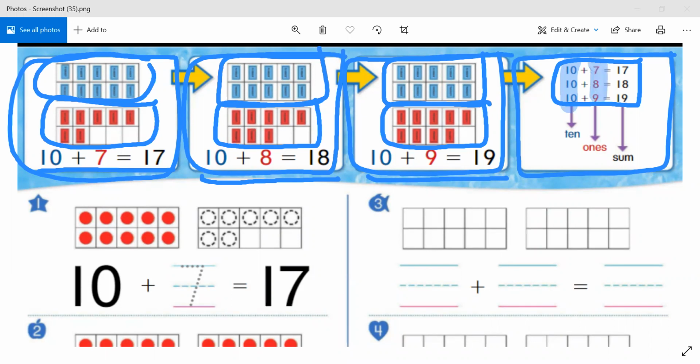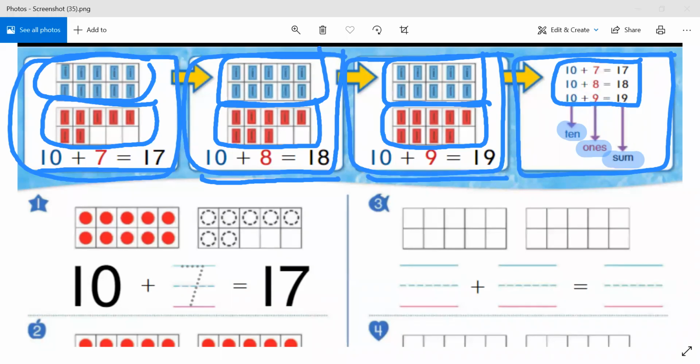So these are the ones, 7, 8, and 9. So what does the word sum mean? So we have our 10s, we have our 1s, and we have our sum. What does that mean? It means the total number of items put together. So this is the sum.